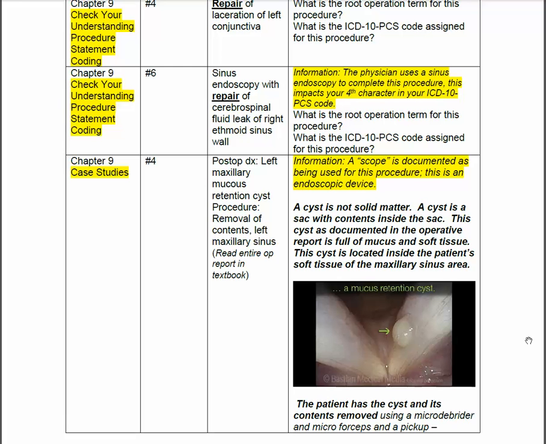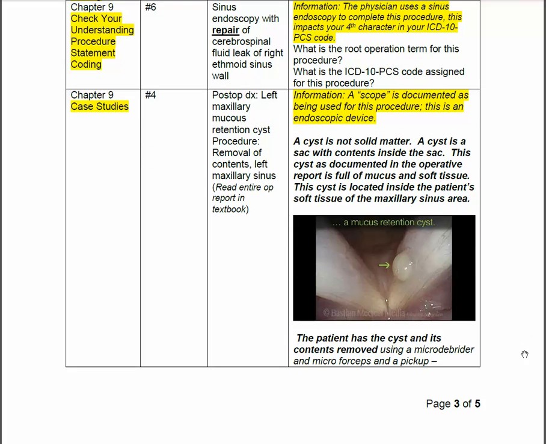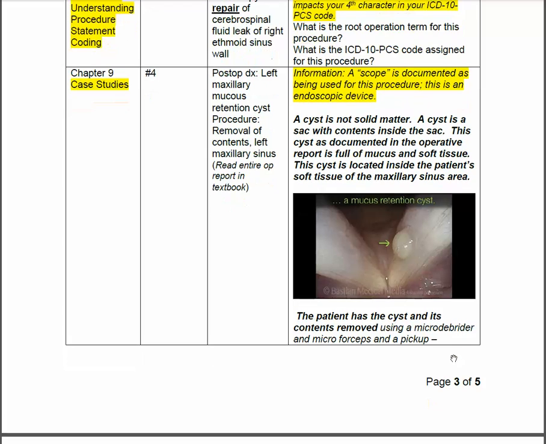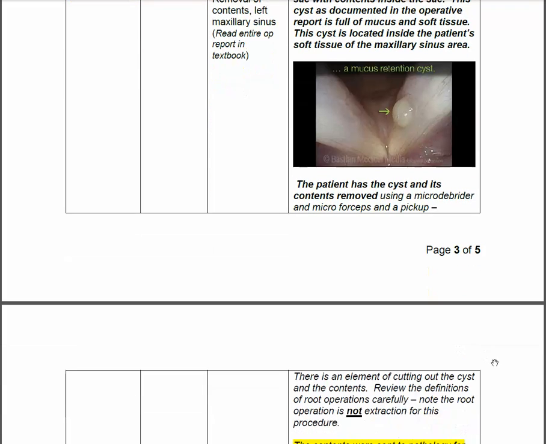The specimens were sent to pathology for analysis. The patient has both the cyst and its contents removed per the clinical information. The physician didn't just take out the contents, he actually removed the sac itself.